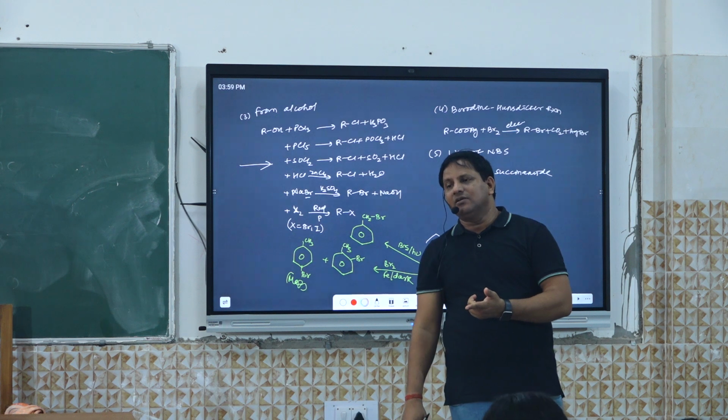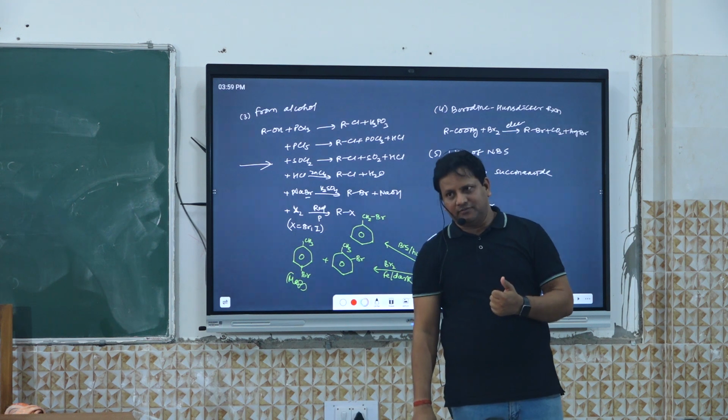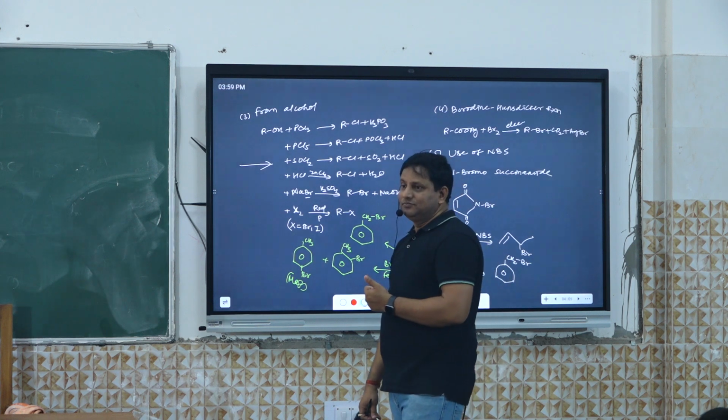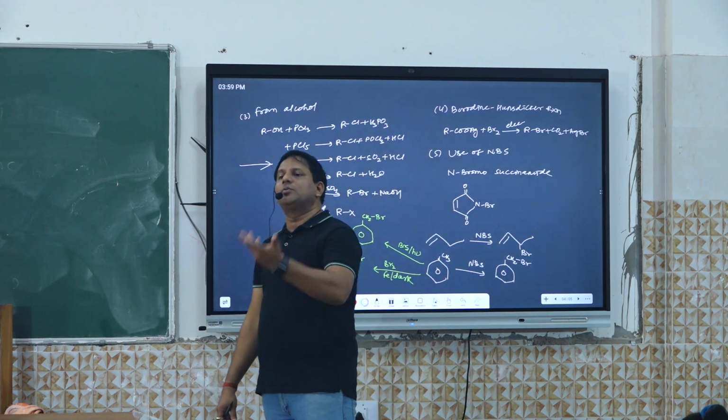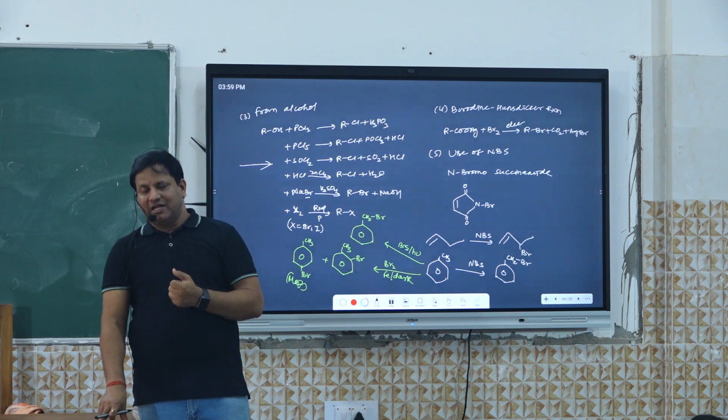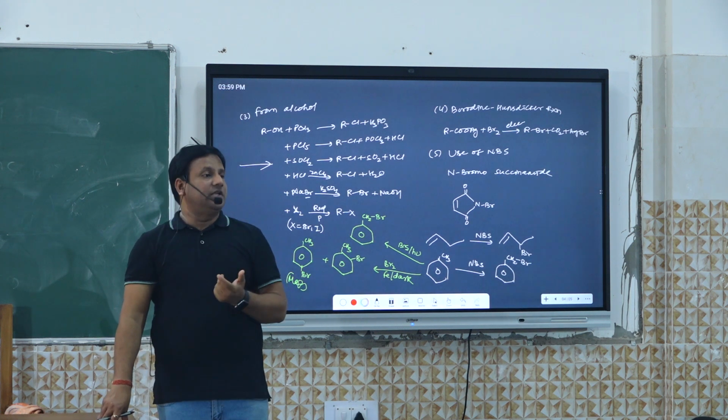And third category is also there. Ring deactivating but ortho para directing. How can this be ring deactivating and ortho para directing? Those are none other than halogens. Halogens deactivate the ring.